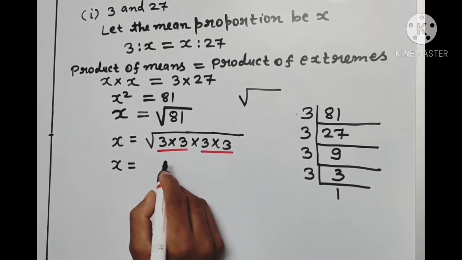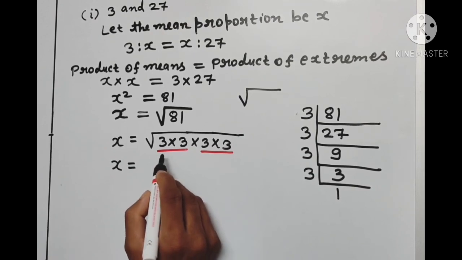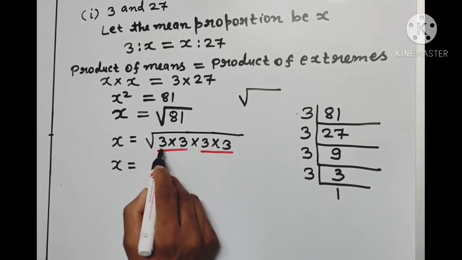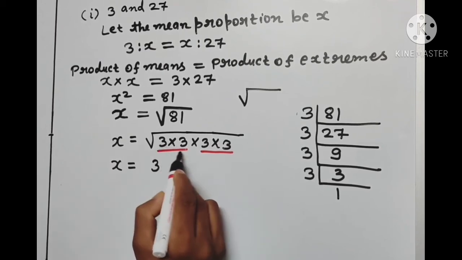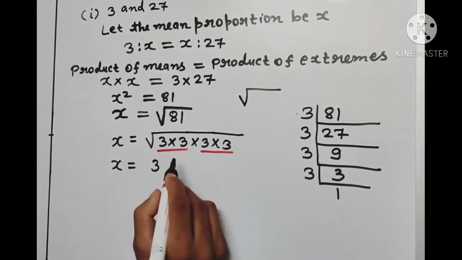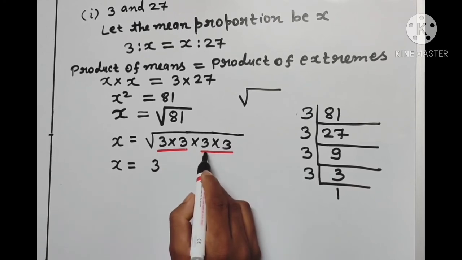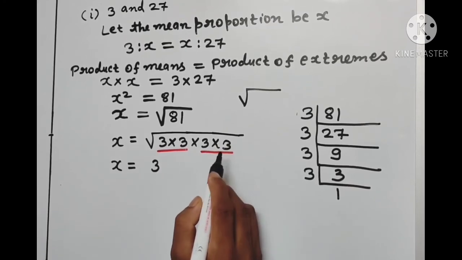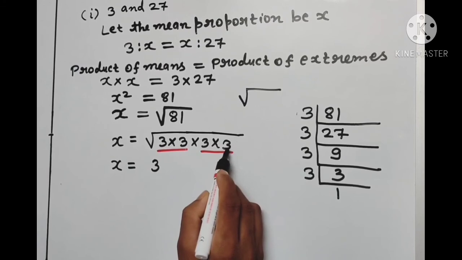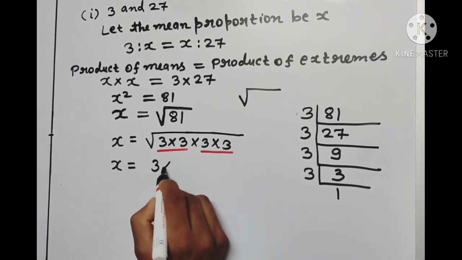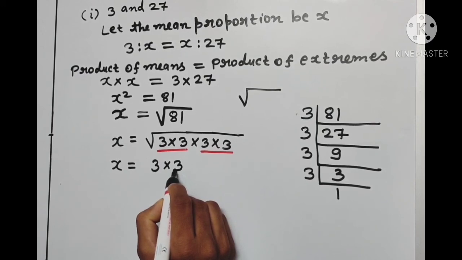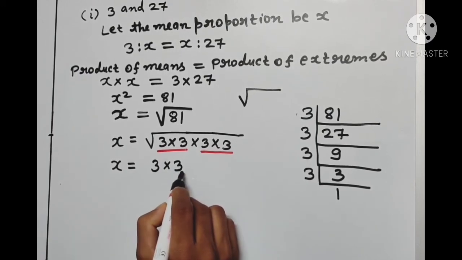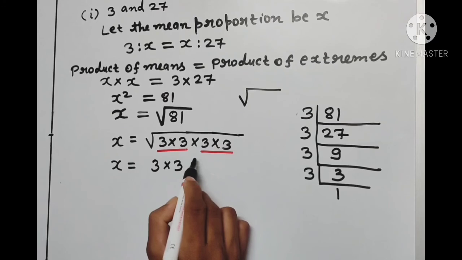Okay, so I am going to write this 3 only one time here for this pair, and again the another pair is here. So for this pair I am going to write this 3 only one time, and in this step I am not going to write the square root symbol.